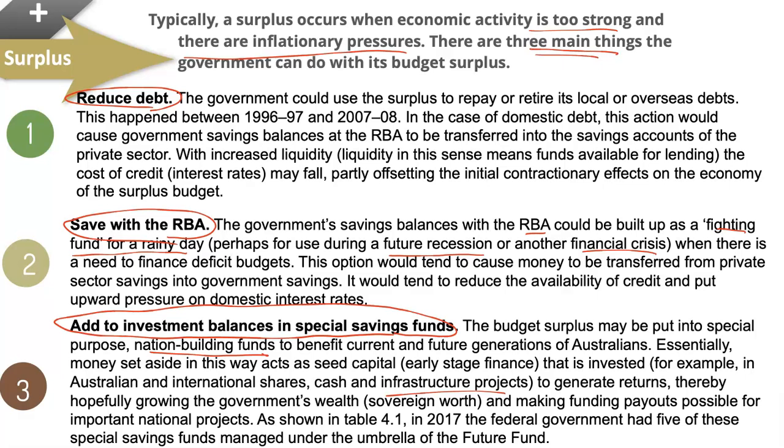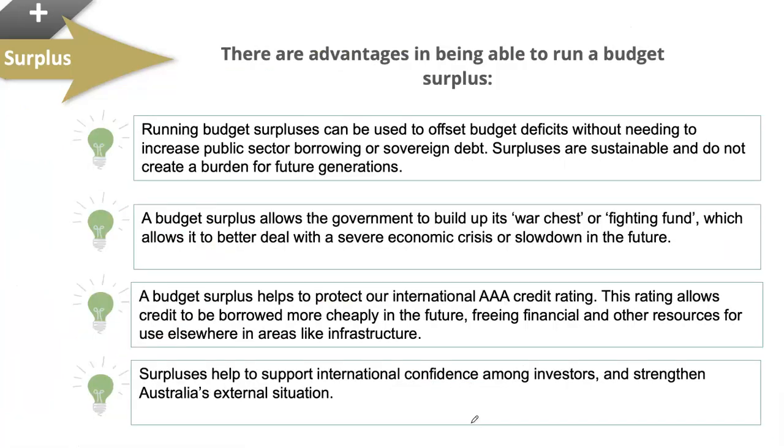In 2017, this was created, and it's all about having money set aside so they can fund future nation-building projects, the National Broadband Network, for example. I suspect in the future they might need to do something around energy, and they might use those funds there. So using surpluses, when they have more receipts than expenses, by putting it in a special fund for a specific purpose that they know is going to be beneficial.